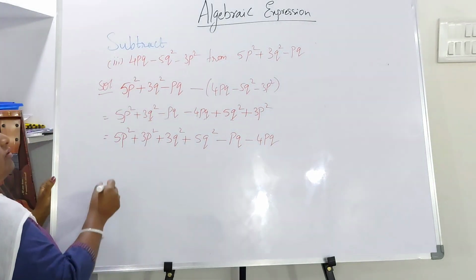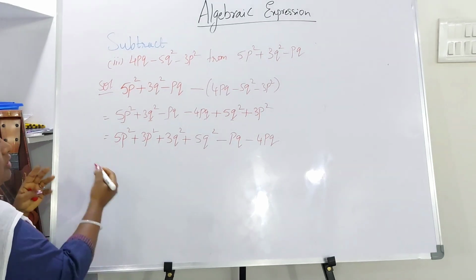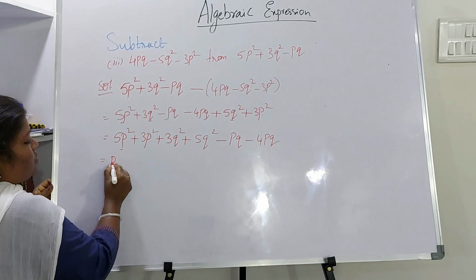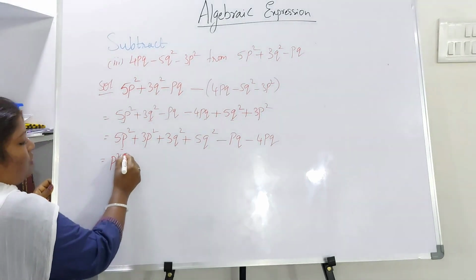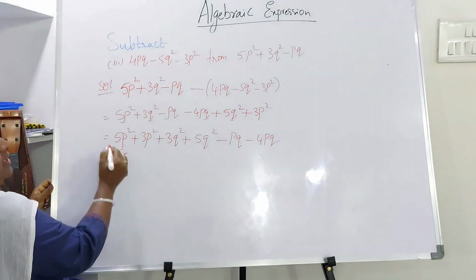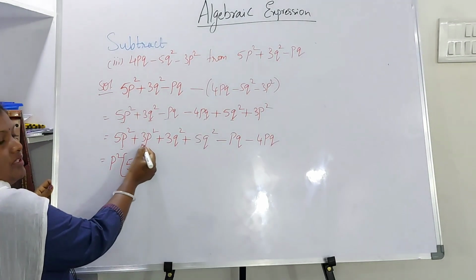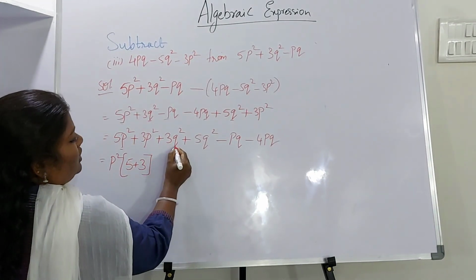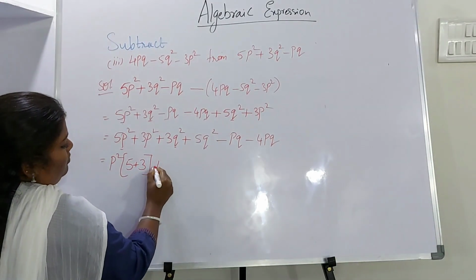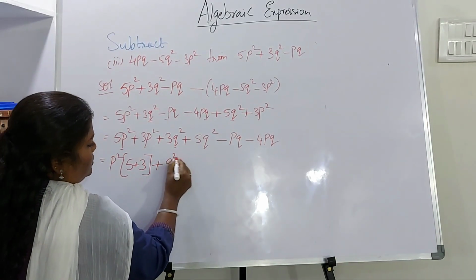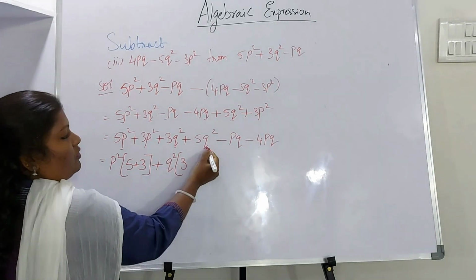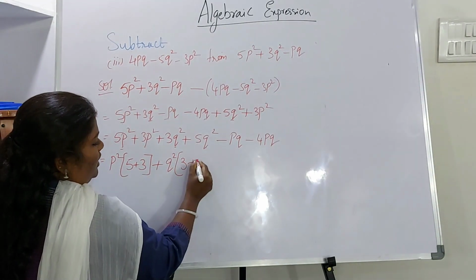Now simplify by taking the common variable out. Here p square is common, so I am taking it common. The coefficient of p square is 5 and the coefficient of p square is 3. Now here q square is common, so take out q square. The coefficient of q square is 3 and the coefficient of q square is 5.